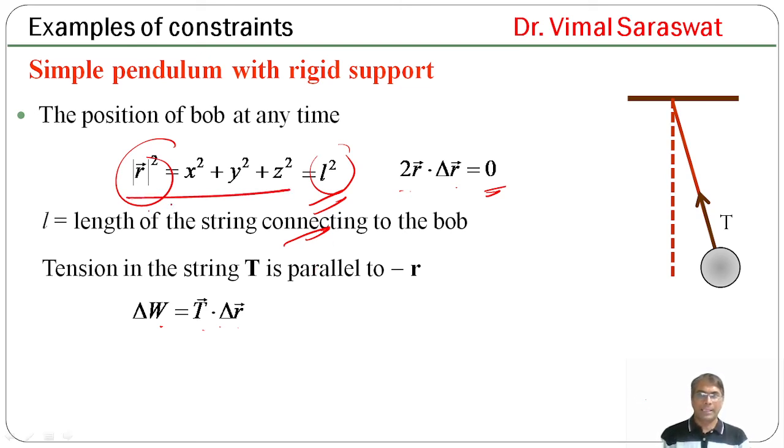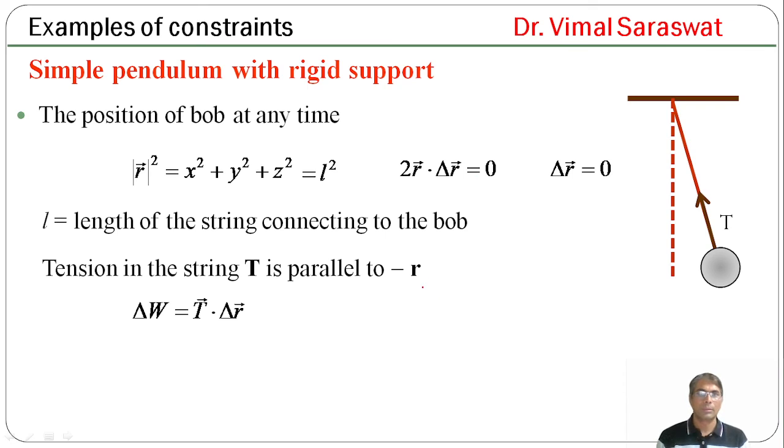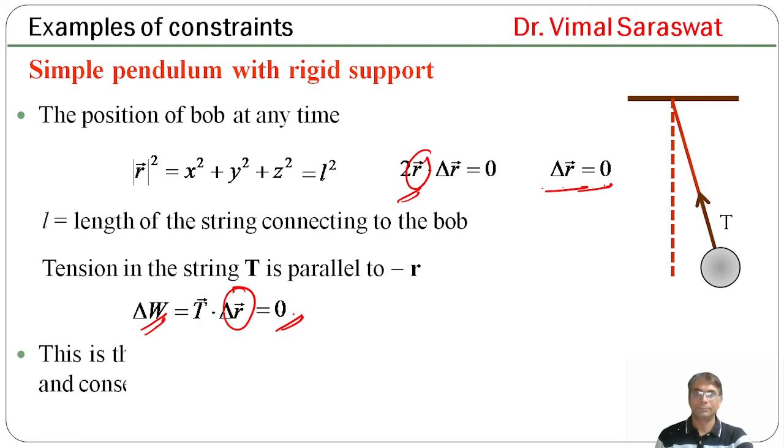So on differentiating we get twice R dot del R equal to 0, or del R equal to 0 because vector R is not equal to 0. And del R equals 0 means del W equals 0. So there is no work done by the constraint force and hence it is a conservative constraint.